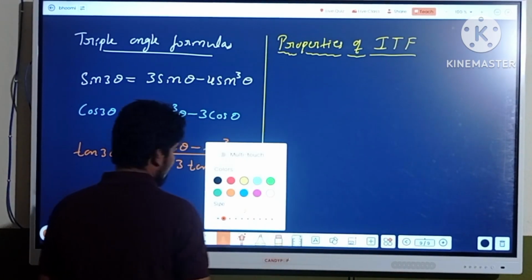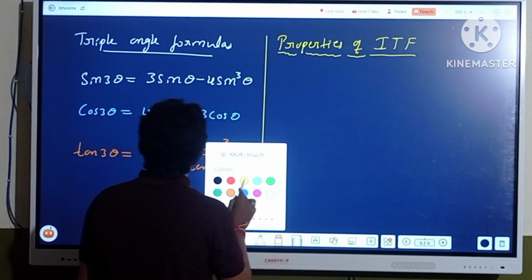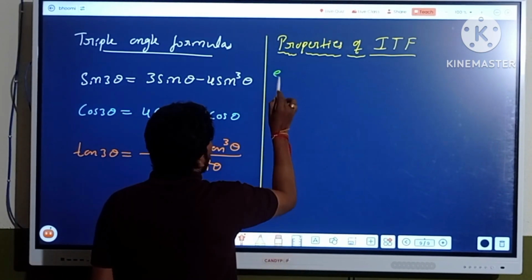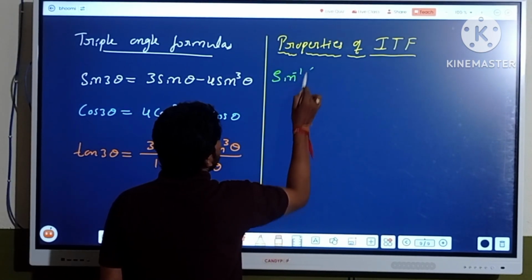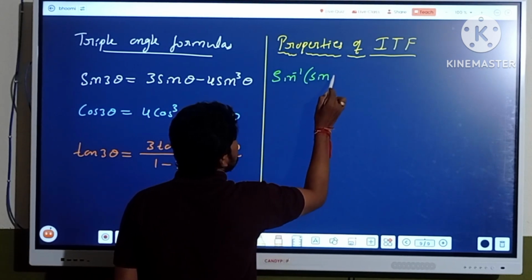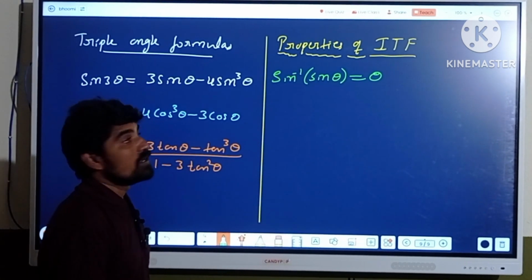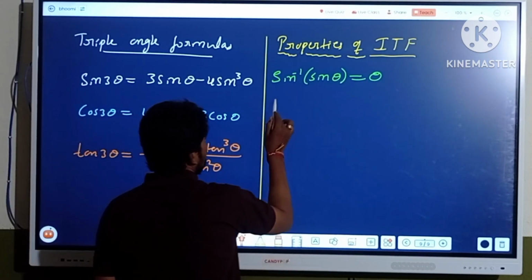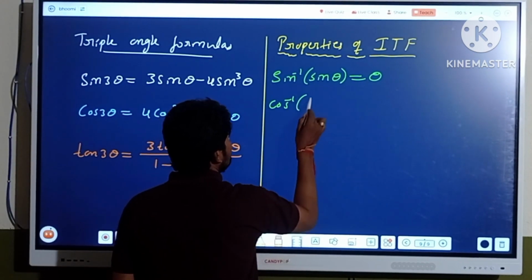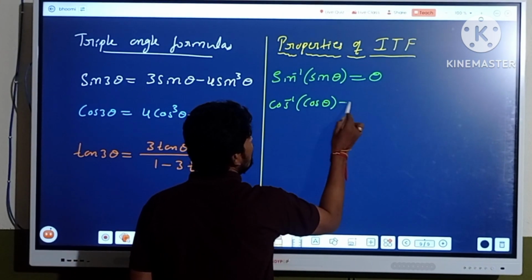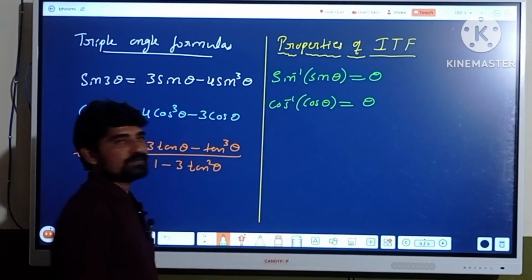So the first property, sin inverse of sin theta is equals to theta. And second one, cos inverse of cos theta is equals to theta.